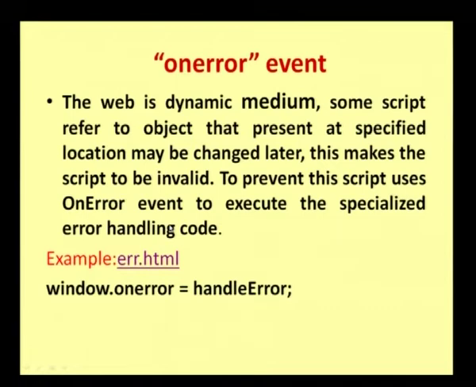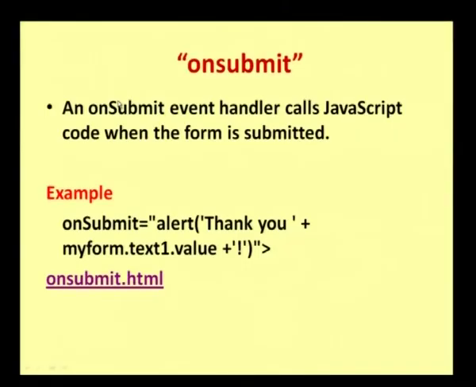The next type of event is the onsubmit event. This type of event occurs whenever the user has submitted the details to the server. For example, if the user registration form has been submitted, then this information has to be taken over to the server.